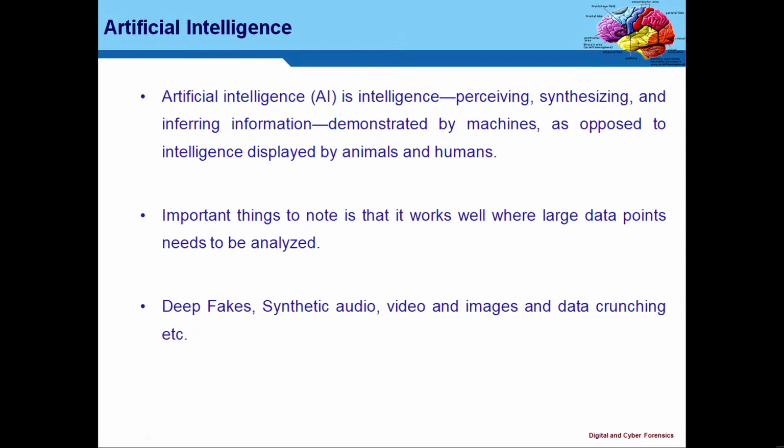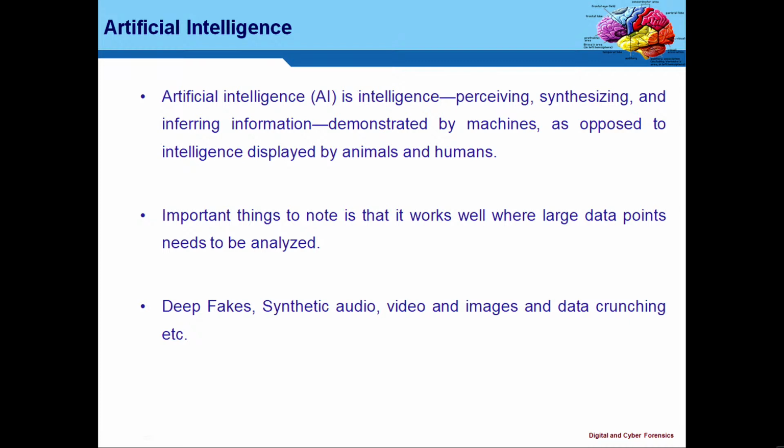Artificial intelligence works very well when we have a large amount of data, which otherwise it is very difficult for humans to probably process. So we have seen a lot of interesting applications for artificial intelligence, like deep fakes being made, synthetic audios, videos, images and data crunching, etc. being done using artificial intelligence techniques.